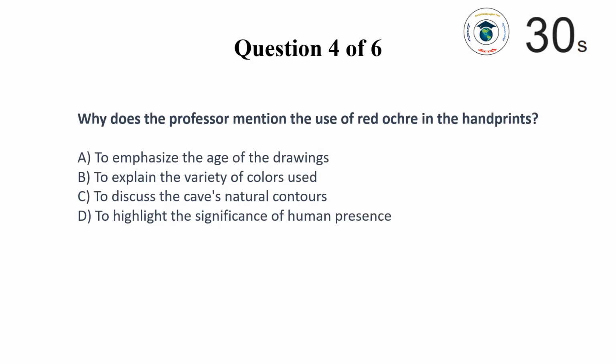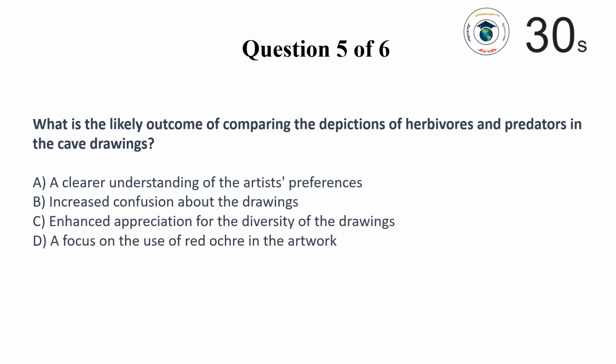Why does the professor mention the use of red ochre in the handprints? What is the likely outcome of comparing the depictions of herbivores and predators in the cave drawings?